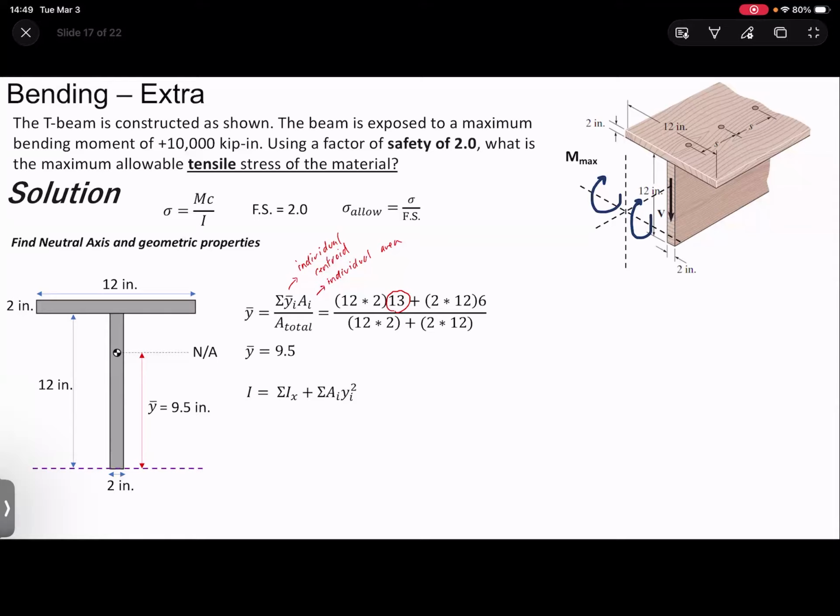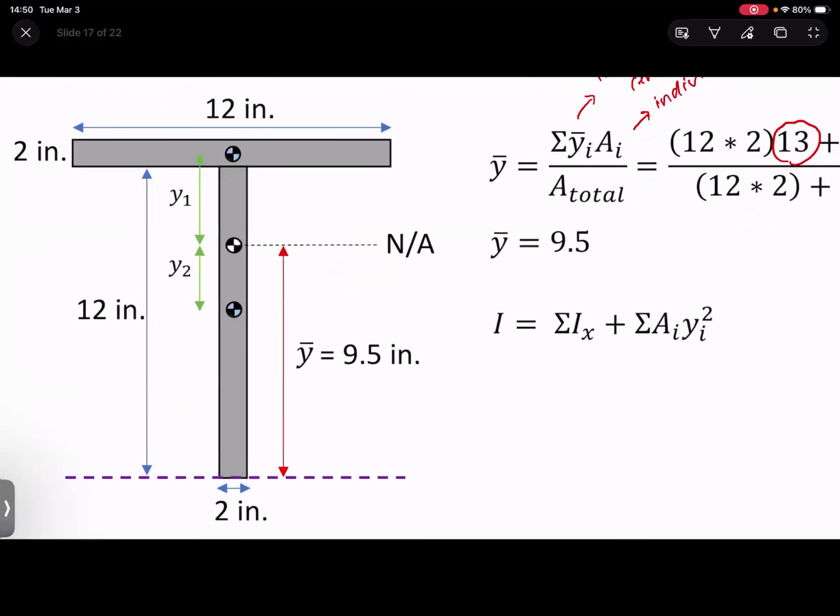Now the trickier part is finding the moment of inertia of this shape. So what we need to do is use the parallel axis theorem. There's a bunch of Greek stuff in there, but remember, all we're doing is dividing this T shape into two rectangles. So the two rectangles have their own centroids here. And this y subscript i, in my previous notes, I said y tilde i, right?